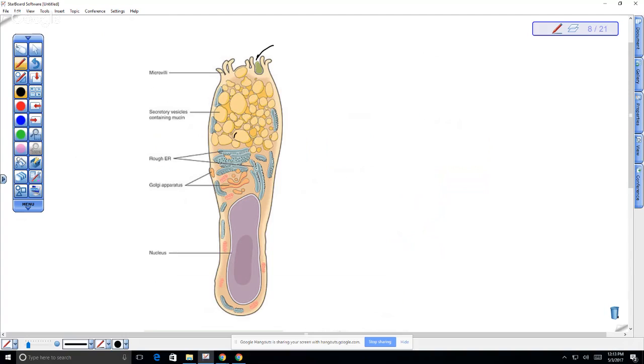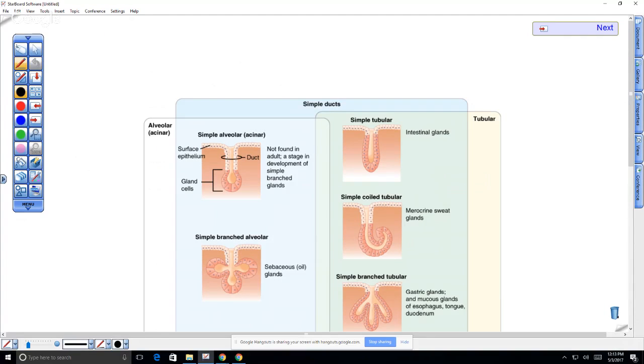And so this is where it's being released as mucin combining with water to form mucus, okay? And mucus has two major functions in the body: to capture stuff, and then also to protect the digestive tract from self-digestion. Okay. Now, some of our glands have ducts.